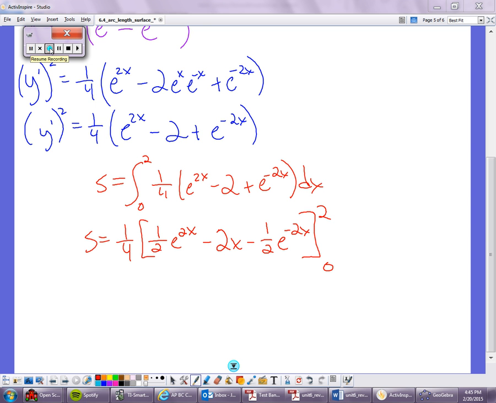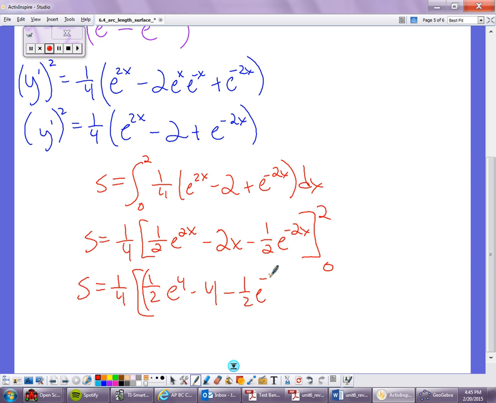Alright, so I get s equals 1/4 times, putting my 2 in, 1/2 e to the 4th minus 4 minus 1/2 e to the negative 4, minus what am I going to have at 0? e to the 0 is 1, so this will be 1/2 minus 1/2, which is just 0.